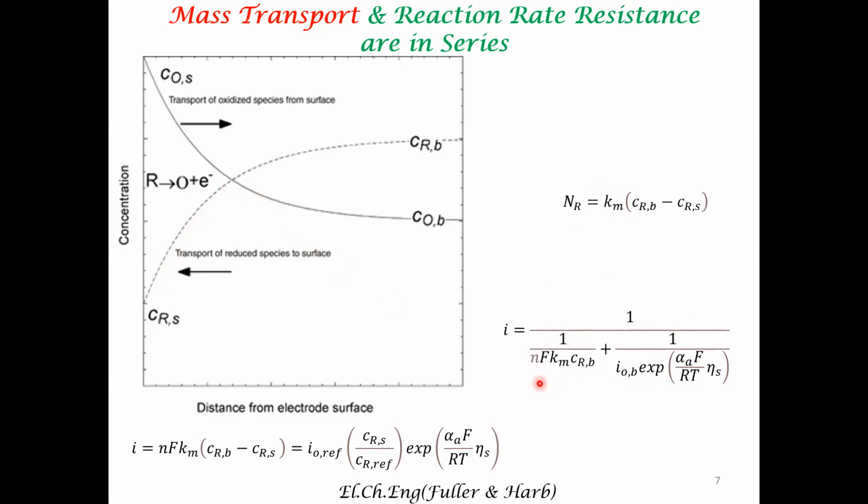So the overall resistance can be approximated by the resistance to electrochemical kinetics. When is that true? When eta_s is relatively small. One way to decrease the resistance to electrochemical reaction is by increasing eta_s. So we will look at that.